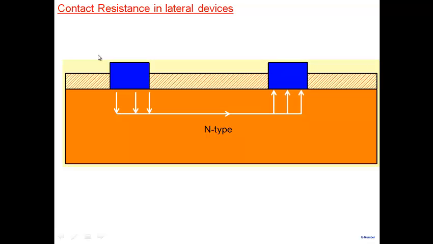So in this case, any drop associated with this region here, the whole thing, is what I will call contact resistance. And anything that is associated with this whole region here, I will call the drop associated with my contact. Now you can see here, the contact resistance is not only associated with this metal semiconductor junction here, but as the carriers come across this, they encounter a resistance, but they have to flow laterally also.